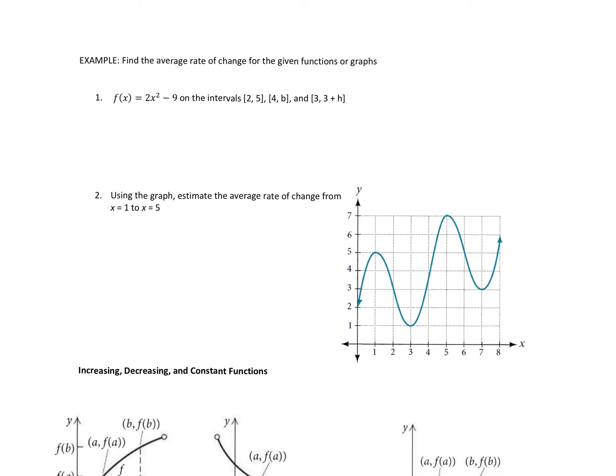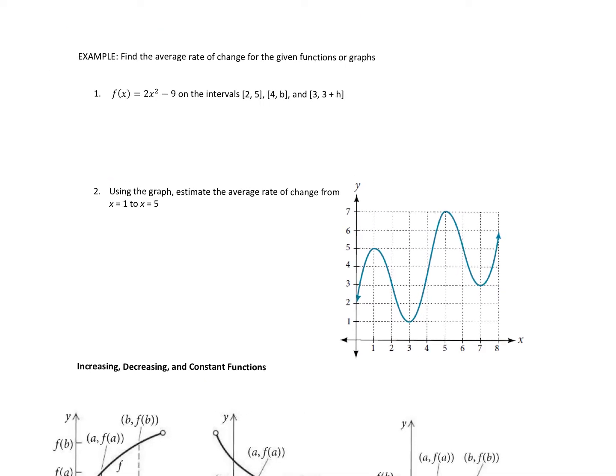So let's find the average rate of change for the given functions or graphs. For example, if f of x is 2x squared minus 9, and we want to find the average rate of change from 2 to 5, what I need to do is find the function value at 2 and the function value at 5. Plugging 2 in, I'm going to get 8 minus 9, or minus 1.